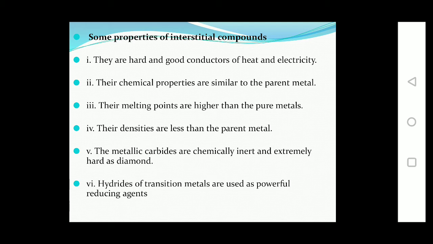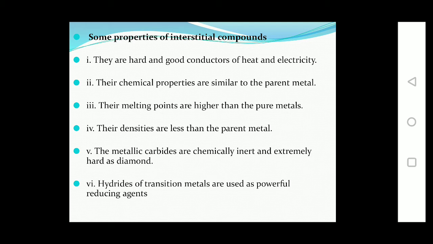So it has tremendous applications nowadays. Metallic carbides are used in various fields; artificial limbs can be made with carbides because of their hardness and inertness, and they are lightweight. Hence, they have tremendous applications.